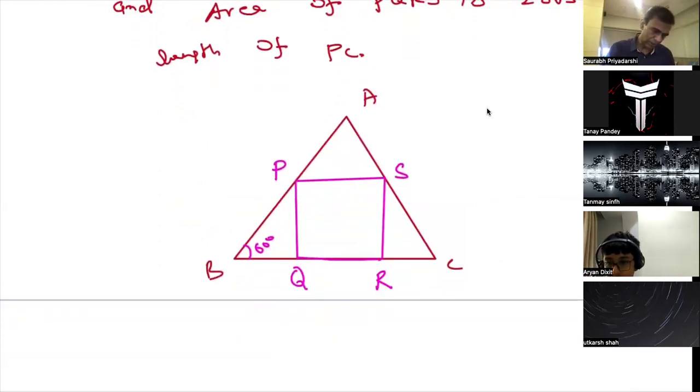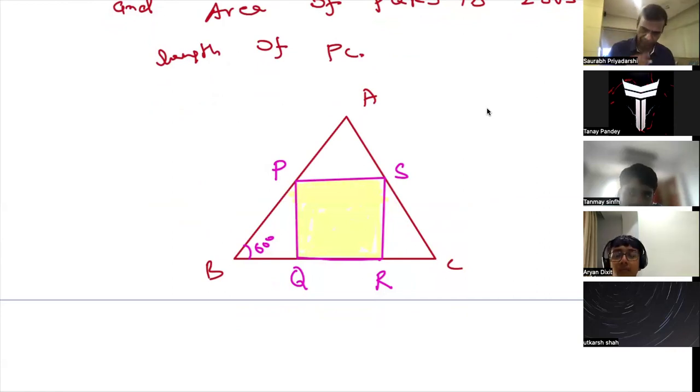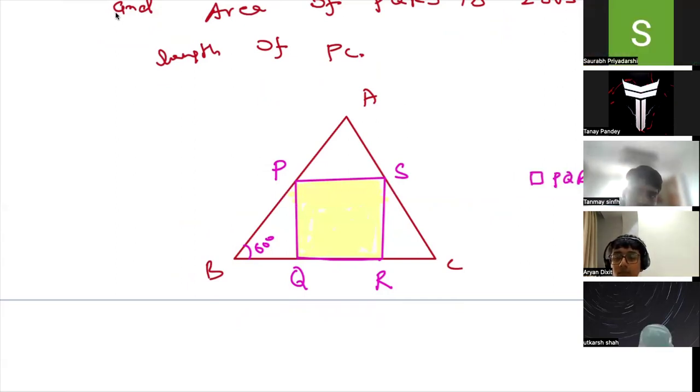The area of PQRS is given, 28 root 3. Angle 60 is given.